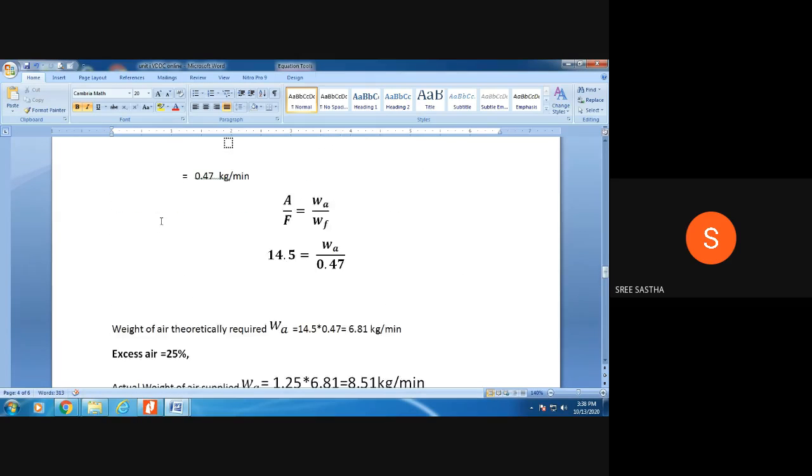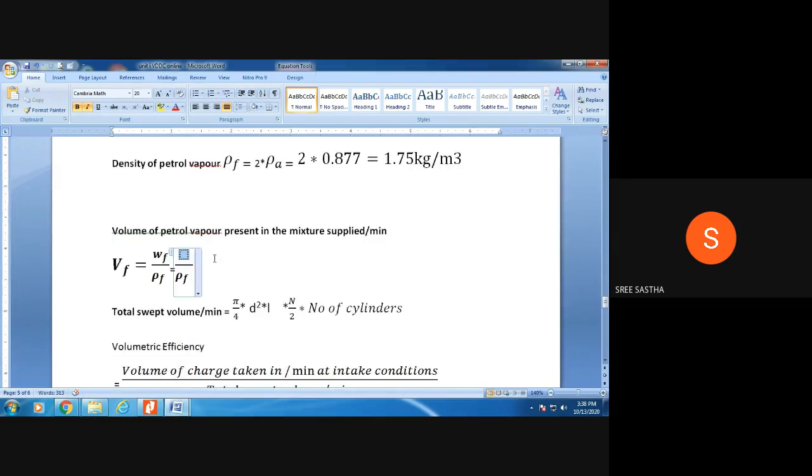How much? 0.47 kilogram. Density of the fuel 1.75. So now you find 0.26 meter cube.